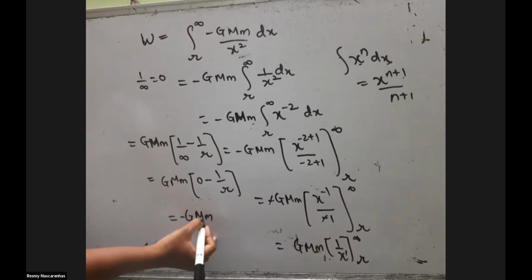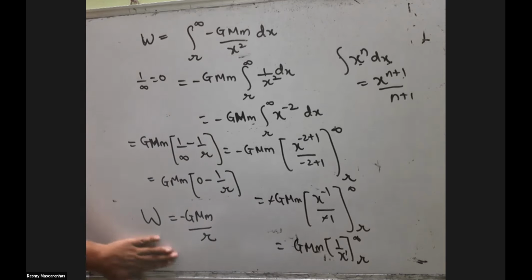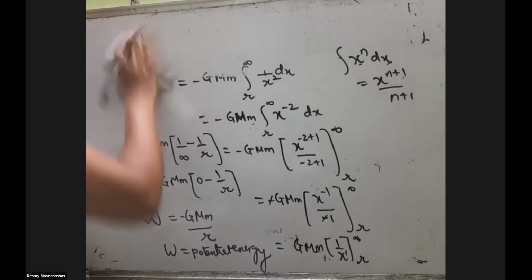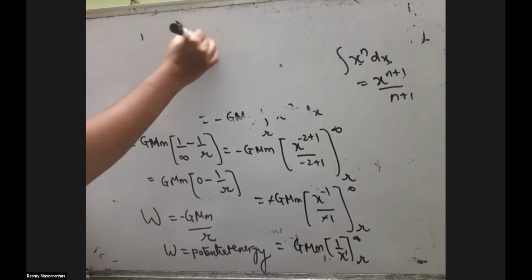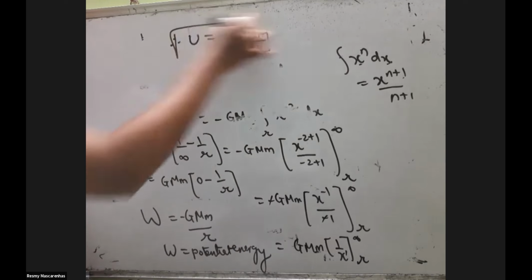Overall, this is the answer. We know that work done is equal to potential energy. So therefore the answer is U is minus GMm upon R.